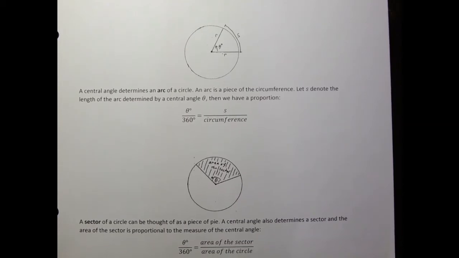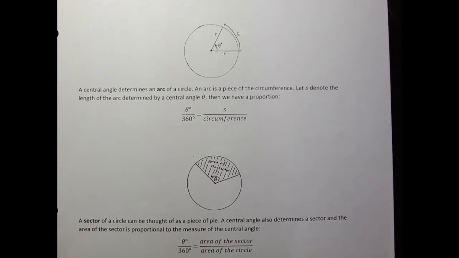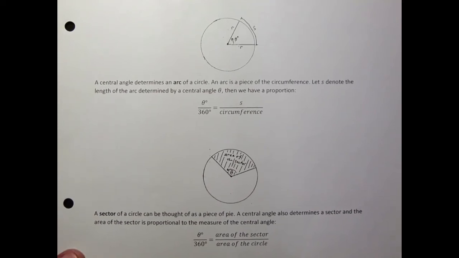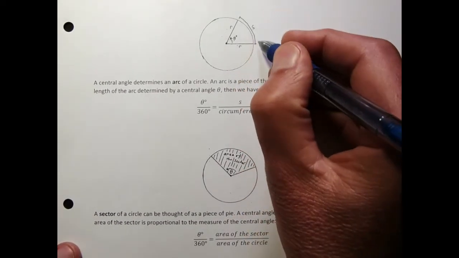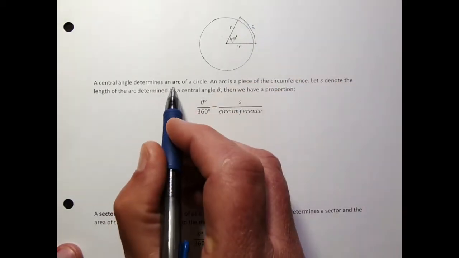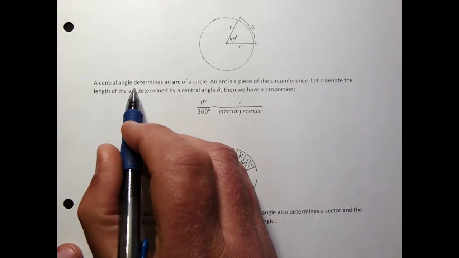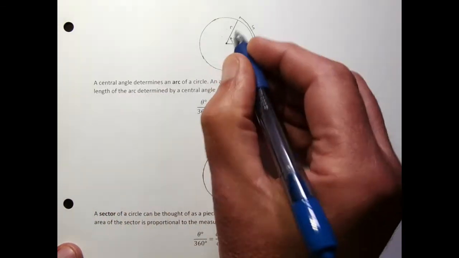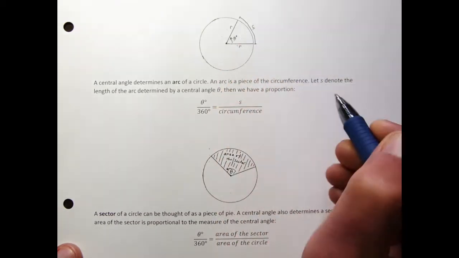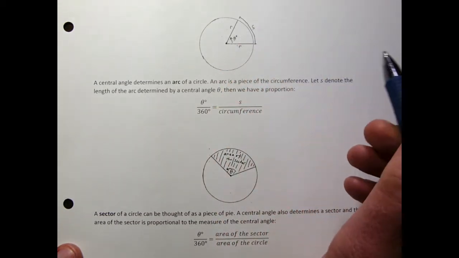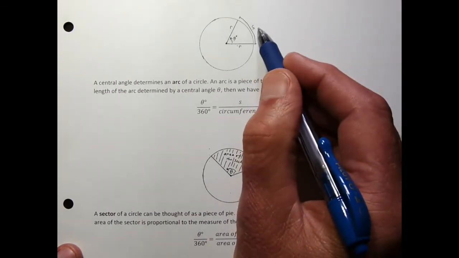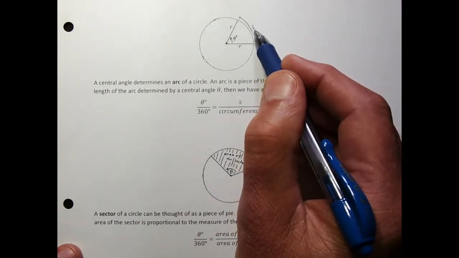And just a couple more facts about circles. Sometimes we're going to talk about a piece of the circumference of a circle, a piece of its perimeter. And that piece is called an arc. A central angle determines an arc of a circle. We would say the central angle cuts out an arc from the circle. Traditionally, the letter S is used to denote the length of an arc of a circle.